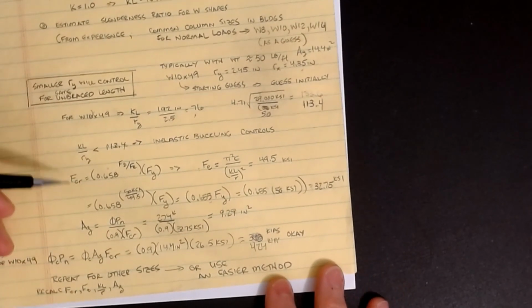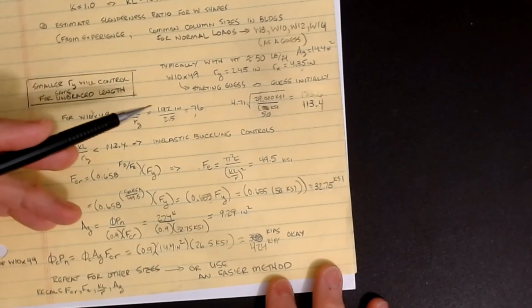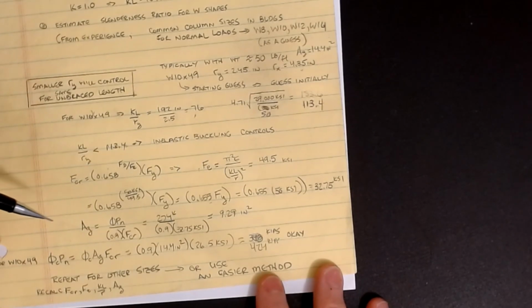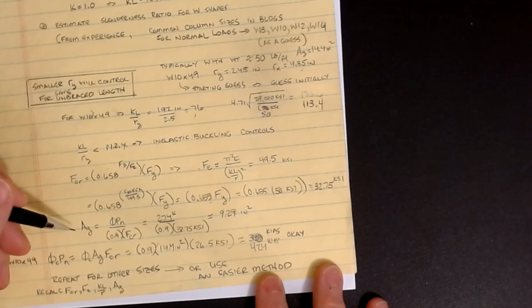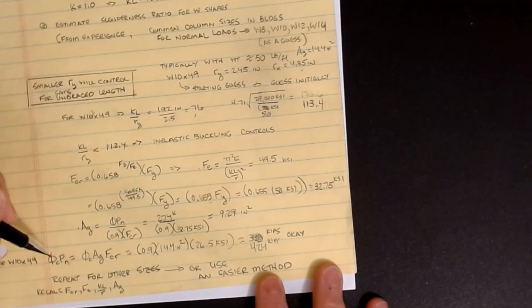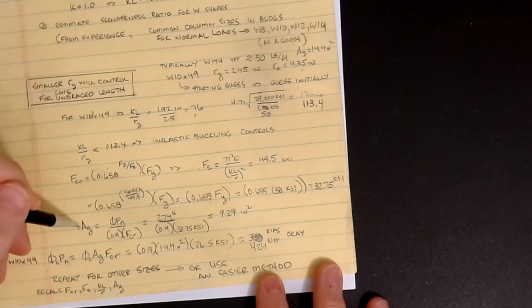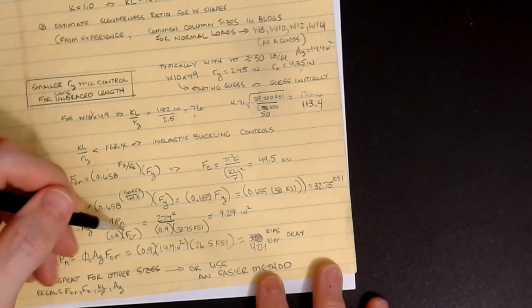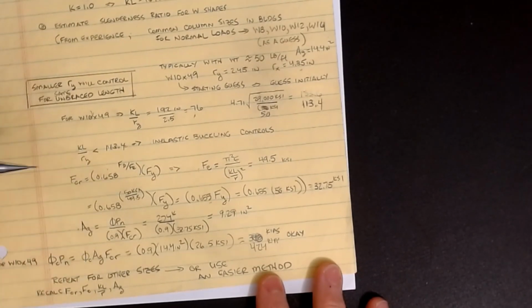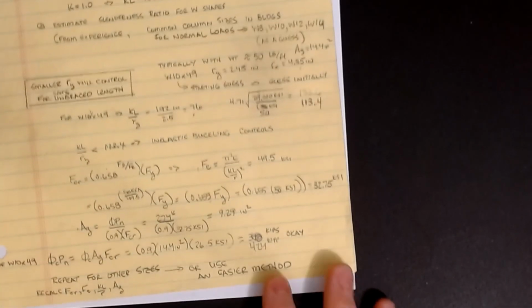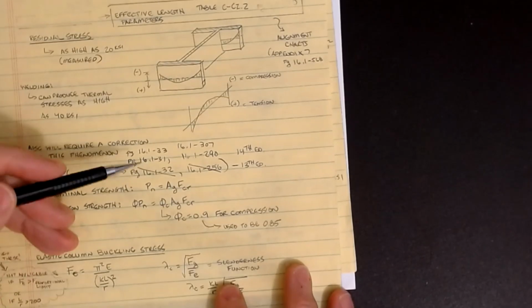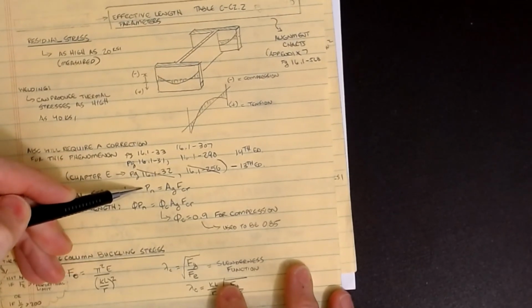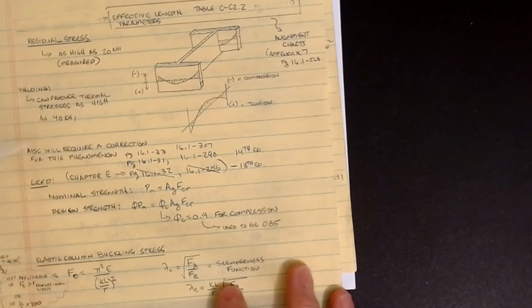Now you'll notice that, again, we took kind of a guess on R for our particular shape. So now let's go through and verify if our assumption is correct. We can solve for the area associated with this, AG, as being phi Pn over 0.9 times Fcritical. That's just a rearrangement of my basic AISC formula, A gross times the critical strength.